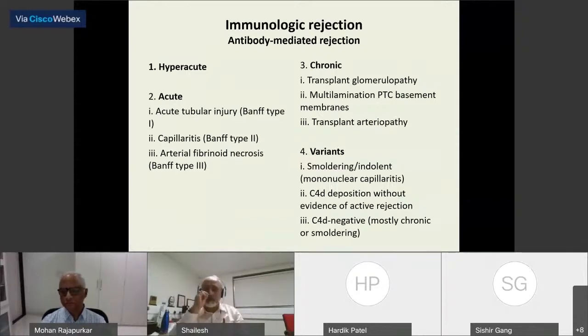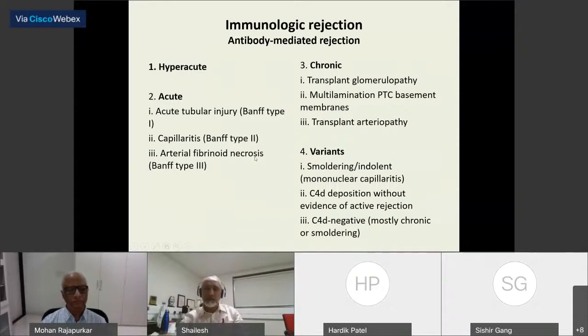First of them is hyperacute rejection, which nowadays is very rare to see, followed by acute antibody-mediated rejection, which is more common and is seen in the first week or first month of the transplant. There are three categories: acute tubular injury, capillaritis, and arterial fibrinoid necrosis.